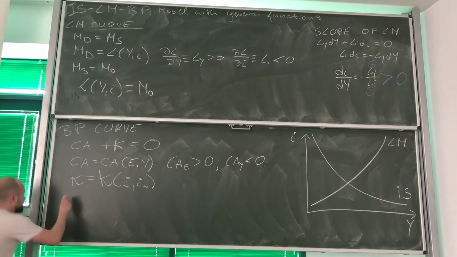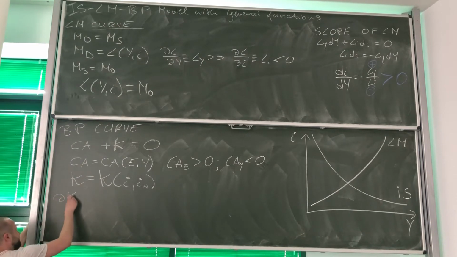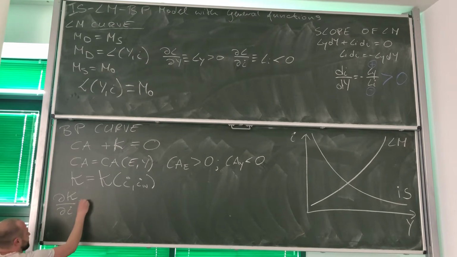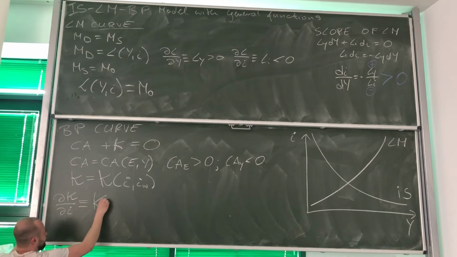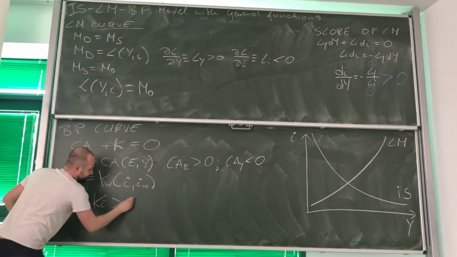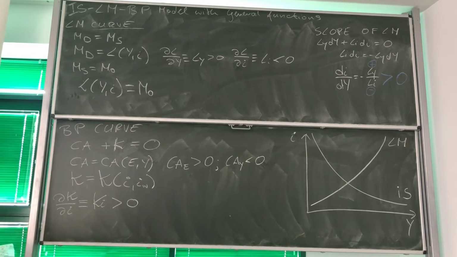And look, here again, we need to define appropriate derivatives. So, the partial derivative of the capital account with respect to interest rate, which we will denote Ki, must be positive. What does it mean?